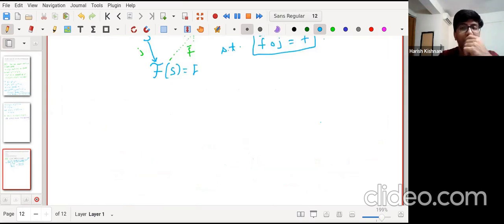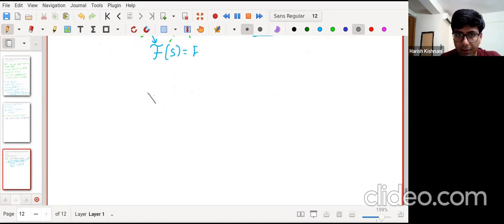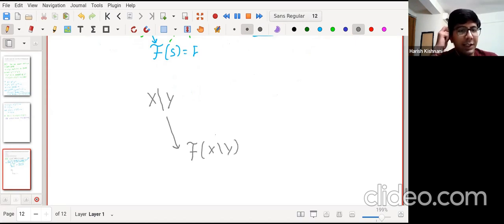You need to use this property to actually prove this, and I can just give you some hints. You need to take the set X minus Y. Here you will have the same thing, free group on S, where now your S is X minus Y, the free group over the set X minus Y, and this X minus Y is not empty because Y is proper.